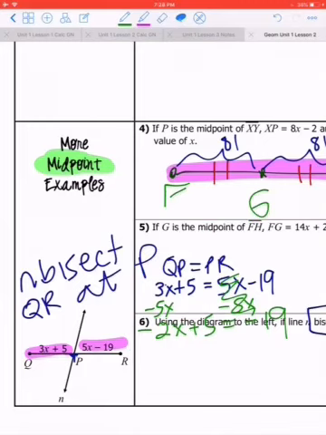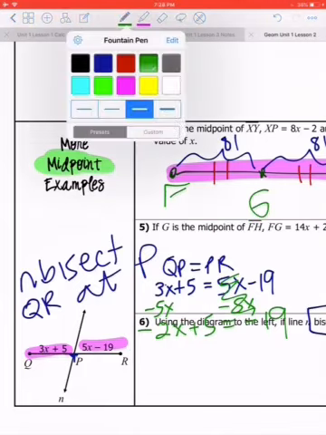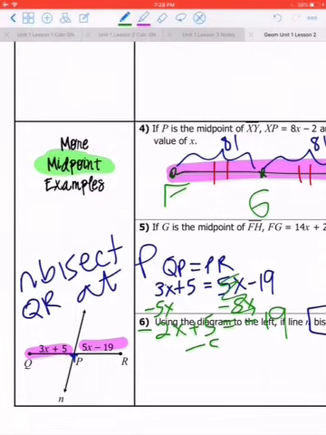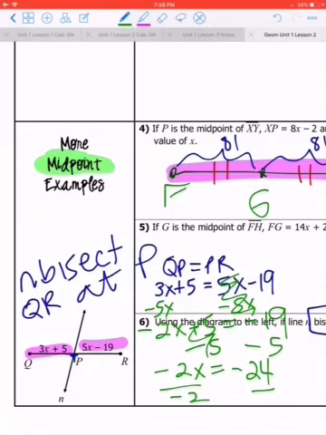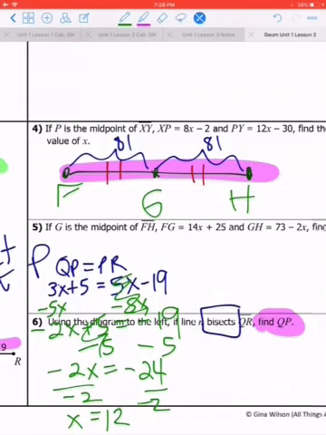So that's kind of why I choose to move my x's to the bigger side, because anytime I don't have to deal with negatives, looks a little bit easier to me. But it's up to you. So negative 24 is on the right, and dividing by negative 2, x equals 12. And then our question, let me zoom back out to see, was to find QP.